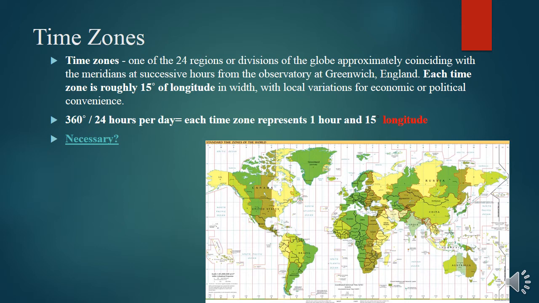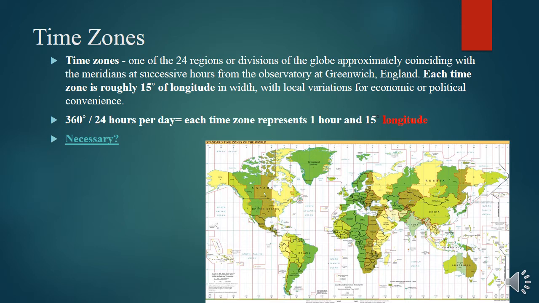So what they actually end up doing is that time zones divide the Earth into 24 regions. Each of those regions about 15 degrees of longitude in width, and totaling 24 different sections around the Earth, right?